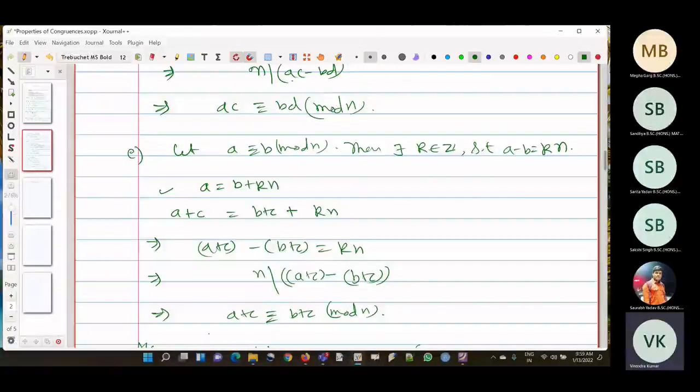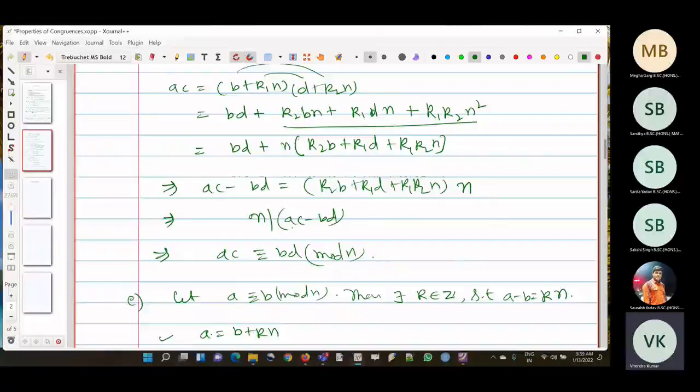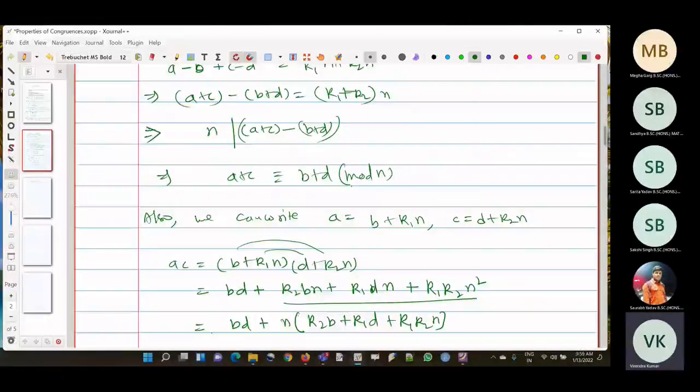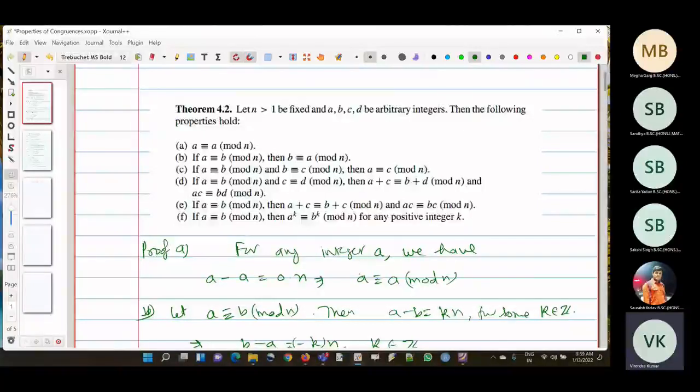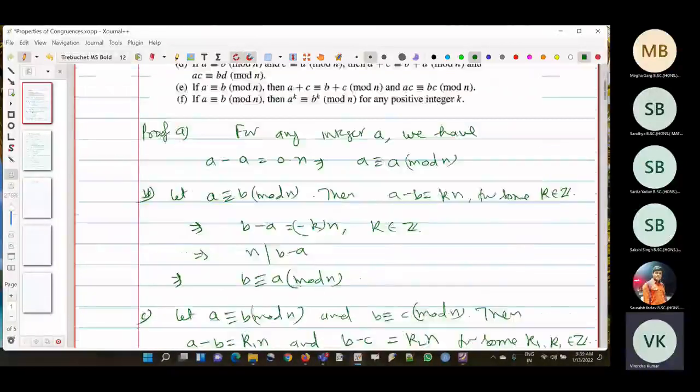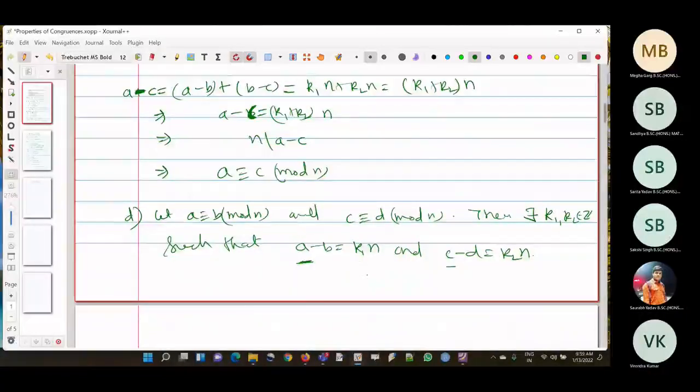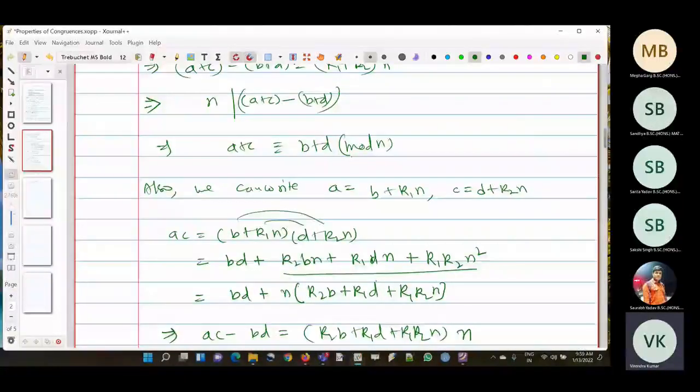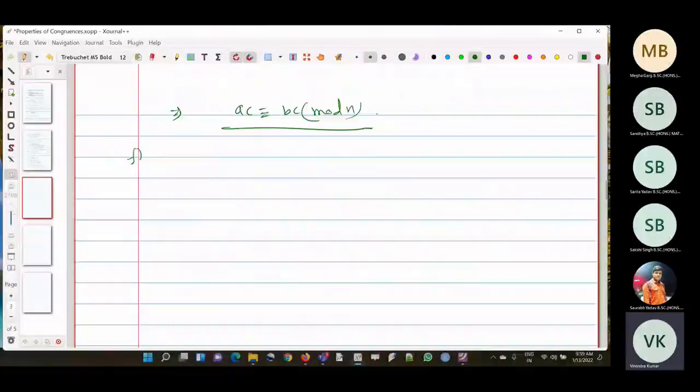And then the last part is that if A is congruent to B, then k copies of A is congruent to k copies of B modulo n for any positive integer k. So let us see. Let A be congruent to B modulo n. Then we need to prove that A to the power k is congruent to B to the power k modulo n.